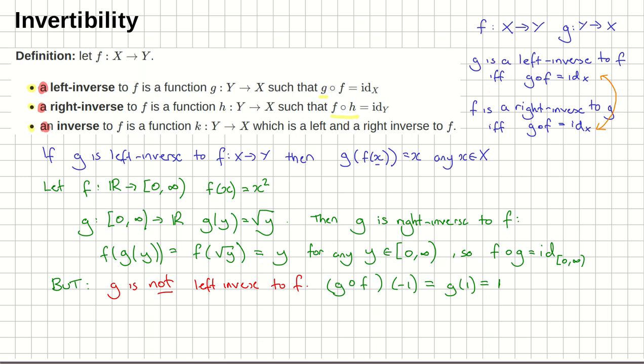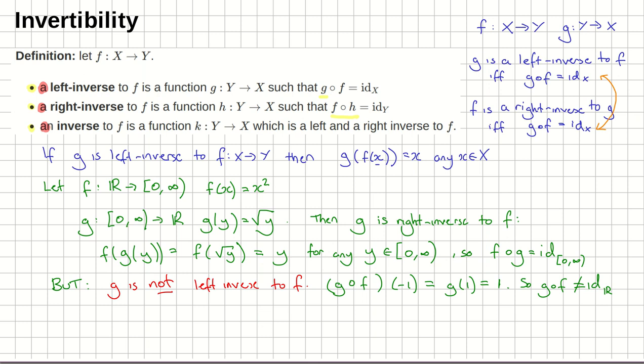Like I said, the square root symbol here always means the positive square root. So this is not where we started off, right? We started off with -1, we ended up at 1. So g composed with f is not the identity on R. That means that g is not a left inverse to f.